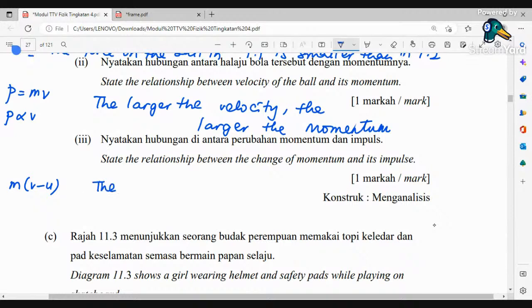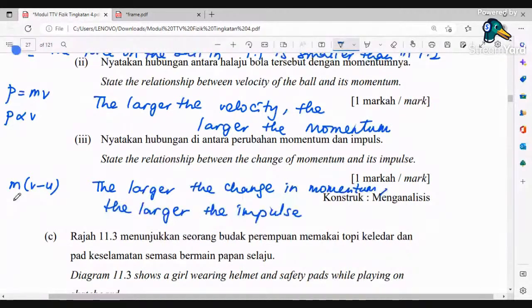The larger the change in momentum, the larger the impulse.